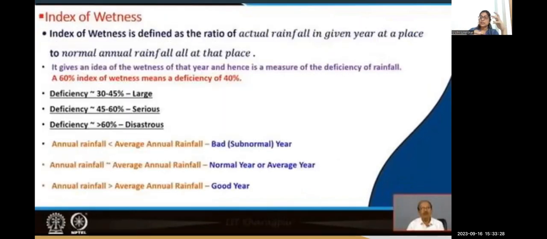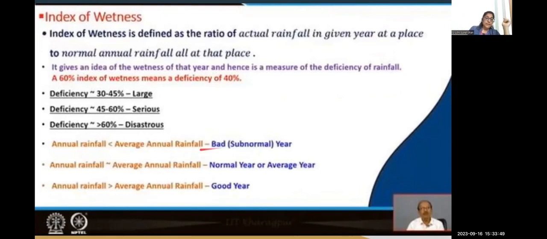Now, based on this, say we are getting 5 centimeters of rainfall in a particular year, but the average annual rainfall from 35 years of historical data is 10 centimeters, then 5 by 10 is the index ratio.